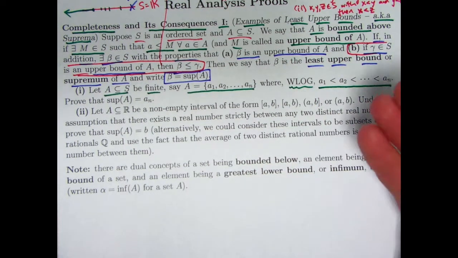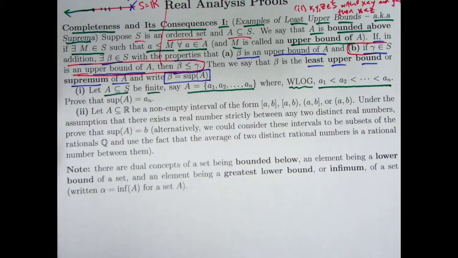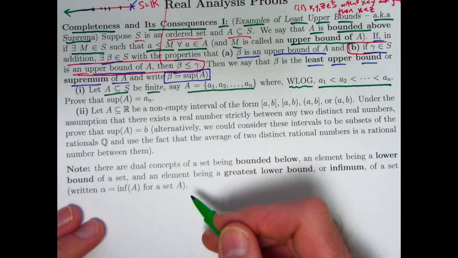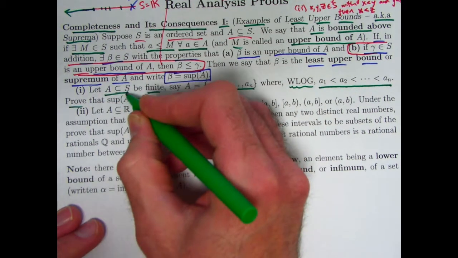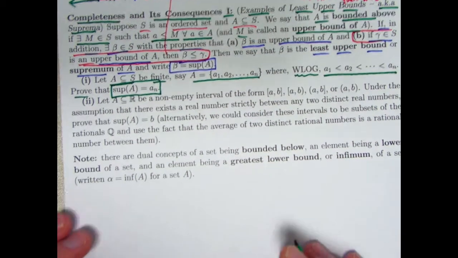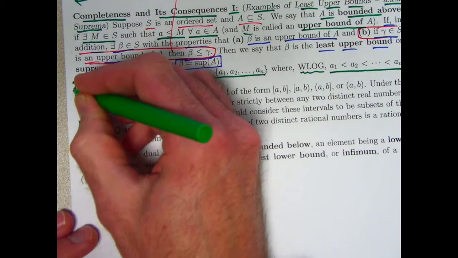WLOG means without loss of generality. Making an the largest element of A, the goal is to prove that an is the supremum of A.